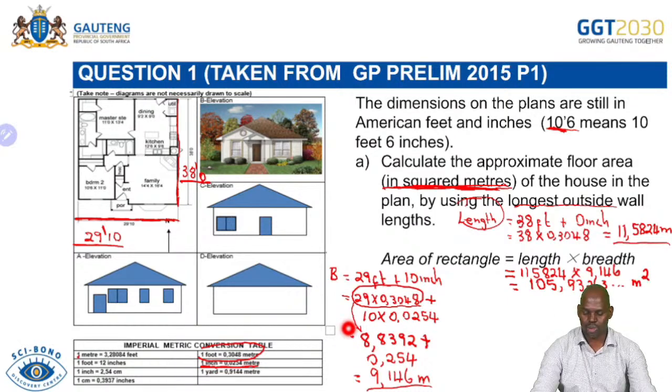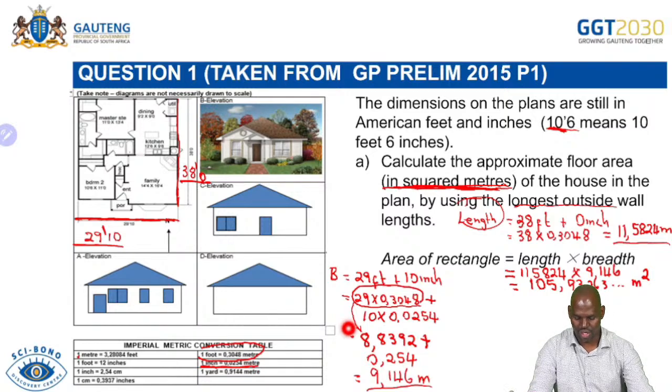Okay, the question doesn't specify the rounding. So obviously, if you want to round it off, to 2 decimal places, 105.93. 1 decimal place, you can say 105.9. Okay, so that will be the answer for question 1A. So this is 105.93263.